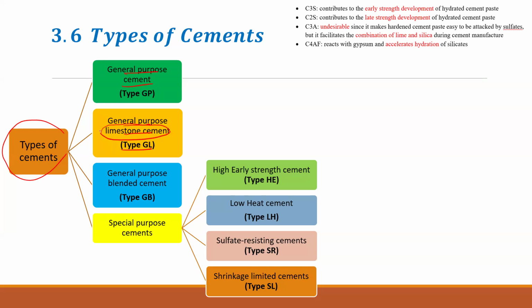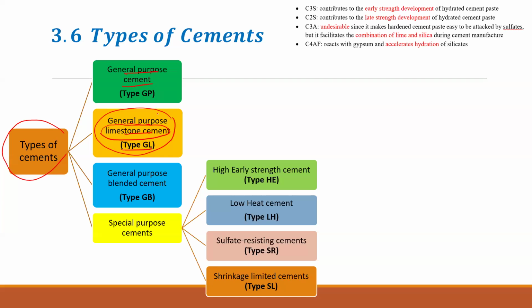We do this to reduce cost, and also in some situations to improve the final appearance. This will reduce the strength of cement. But for example, if we do rendering of a house, we don't need that much strength, but we need a nicer, smooth look. In that case, general purpose limestone cement is cheaper, and it also gives us an improved aesthetic appearance.